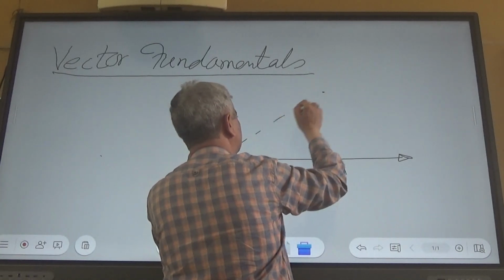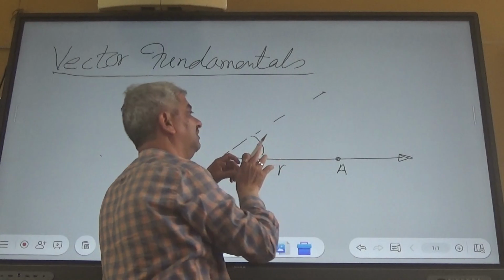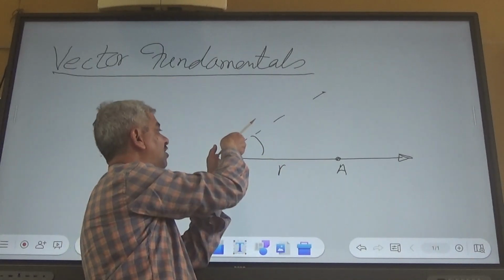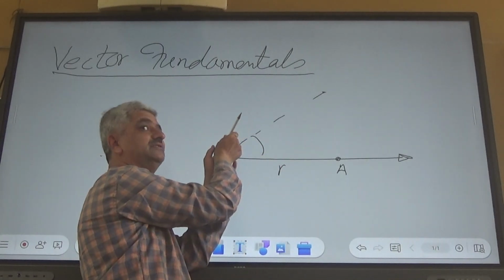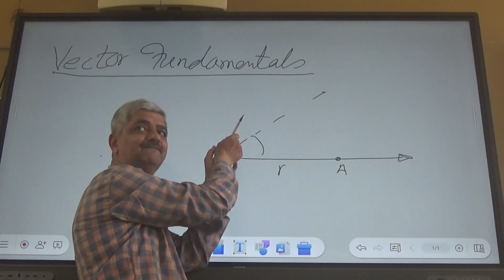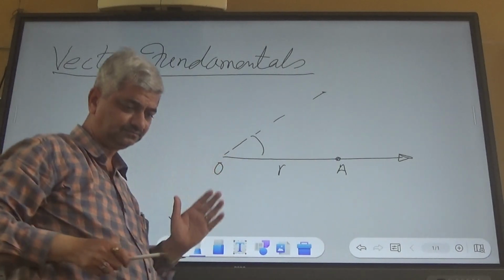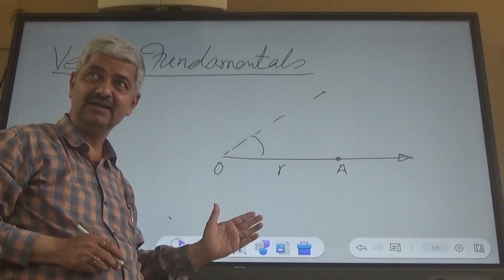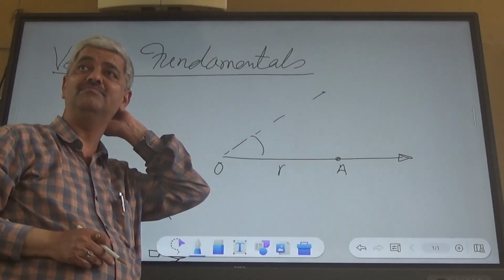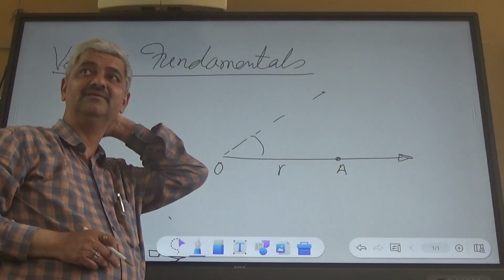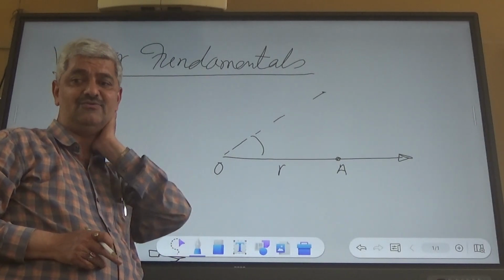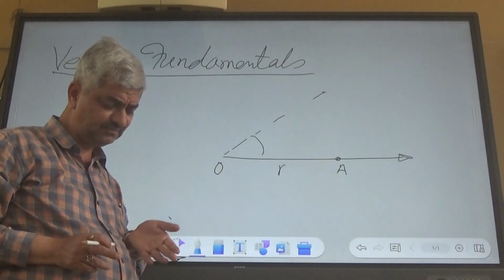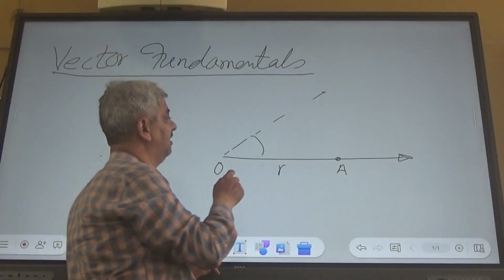So this will be angle theta, and from this, angle phi. So r, theta and phi, where phi is an angle from, now there are different ways.